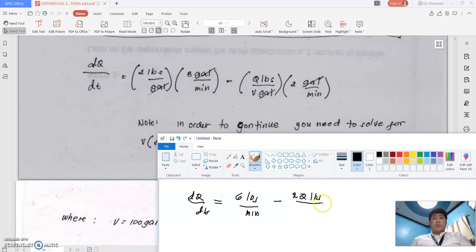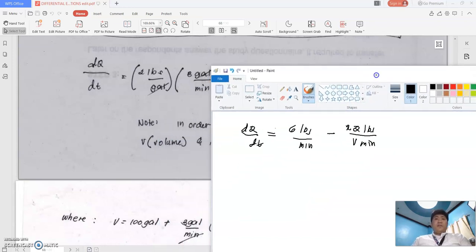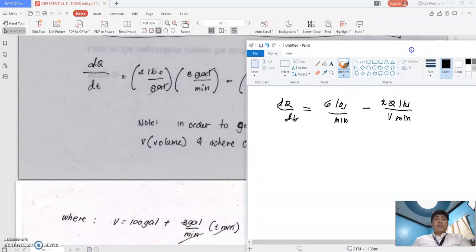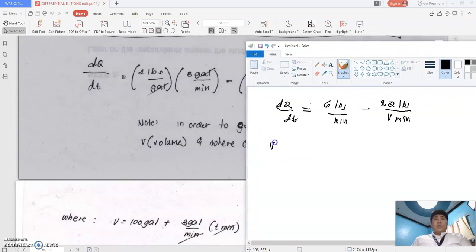Since we've already solved our volume, our volume is 100 plus t, if I'm not mistaken.